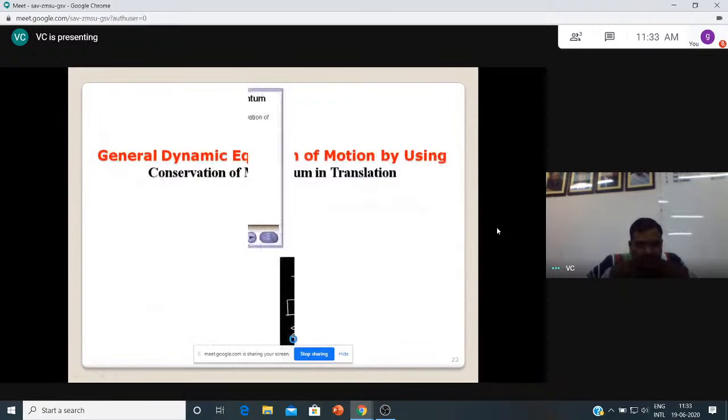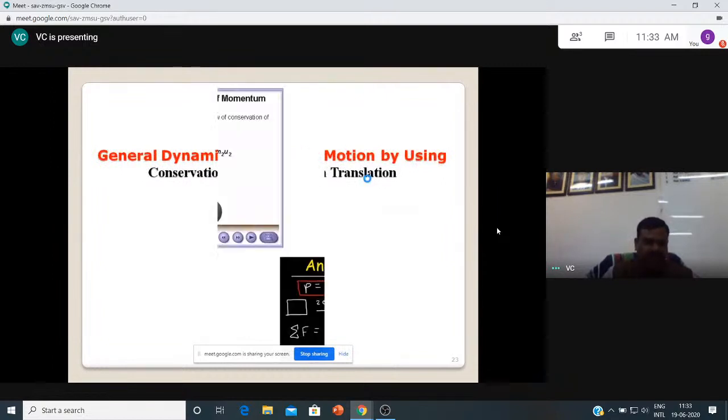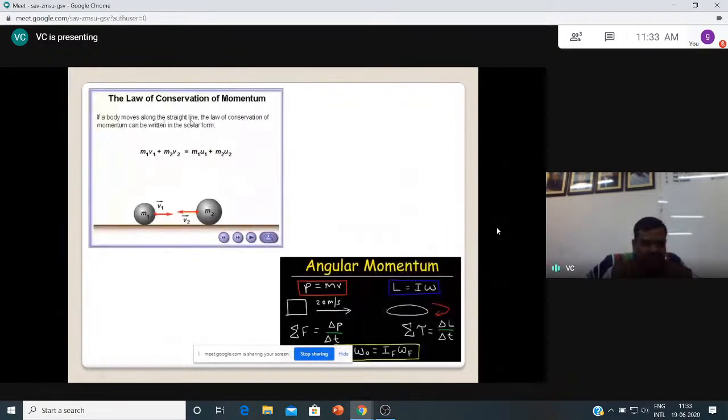These are the examples which we explained simply. Now let us consider the conservation of momentum in translation or rotation. The body moves along a straight line, having a velocity v1 and velocity v2, both moving opposite. The initial momentum is mv1 plus or minus mv2, depending upon the direction of velocity given. Forces are opposite. Practically the velocity is in this direction, but for deriving the expression I am using this sign convention.